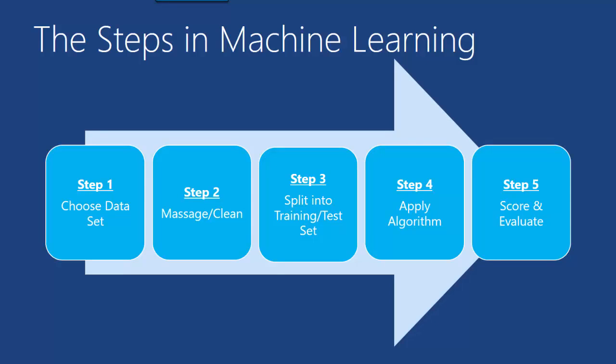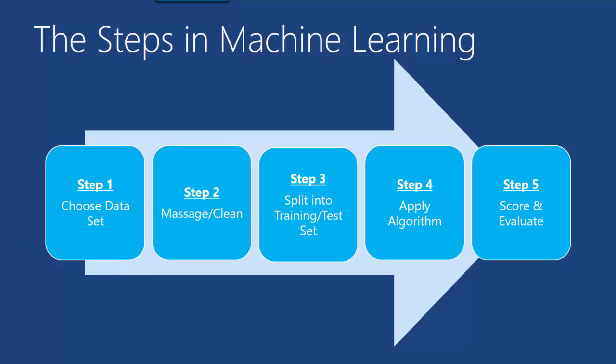In general, the machine learning process can be broken down into 5 basic steps. This has been covered in other tutorials, but that's the reason why I've schematically represented it. Step 1 and step 2 are about collecting and making sure that you have the right data set.